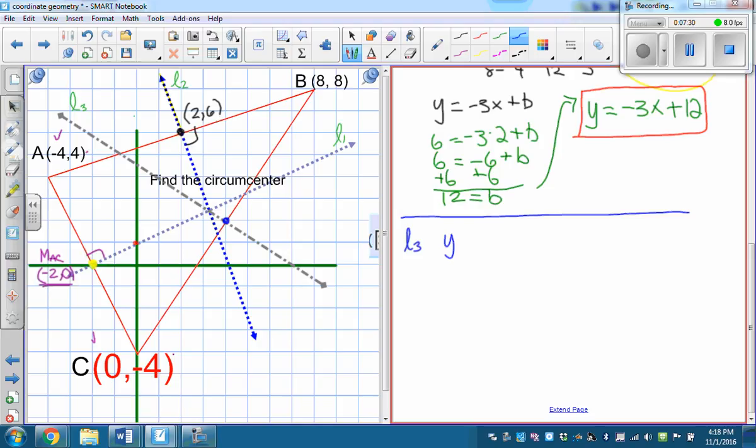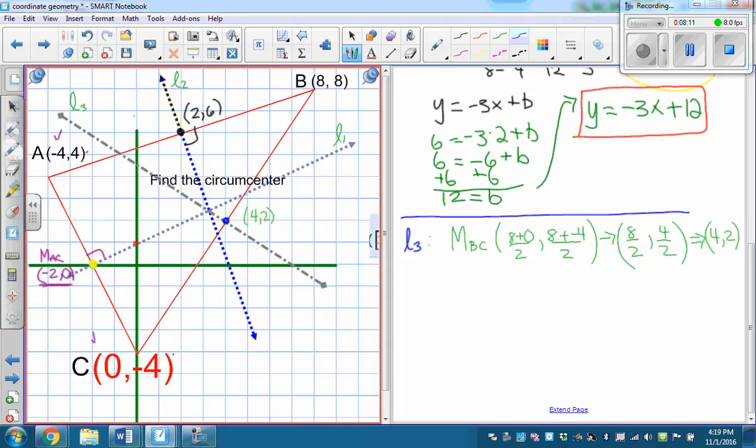So to find the midpoint for line 3, that would be the midpoint of BC, and that would be 8 plus 0 divided by 2, and 8 plus negative 4 divided by 2, which is 8 over 2, 4 over 2, which is 4, 2. Let's check that. That looks pretty good.